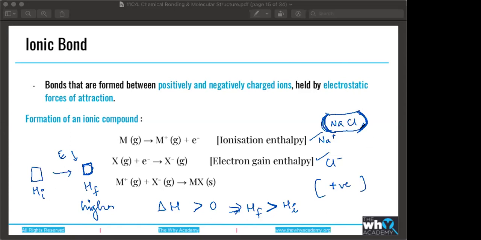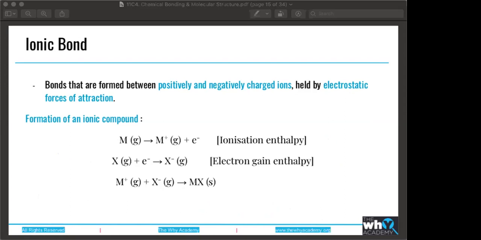But formation of NaCl, like Na and Cl, if you take gaseous Na and gaseous Cl such that the atoms can collide with each other easily, NaCl does form. Like NaCl, we say it's a spontaneous process, like it can form easily.